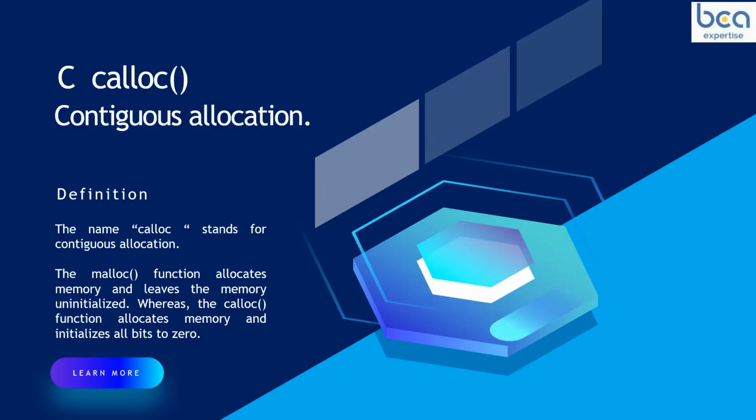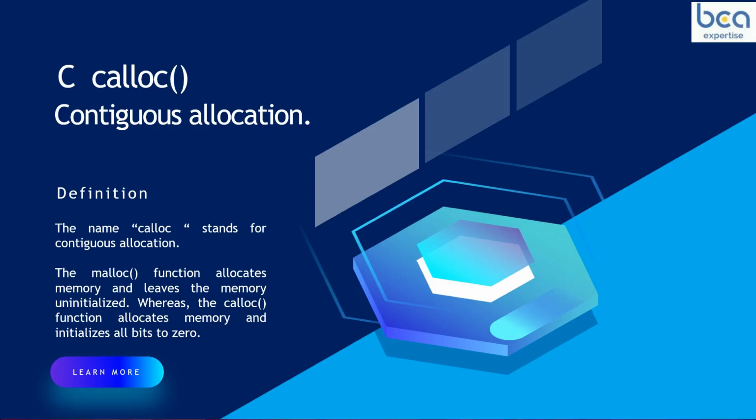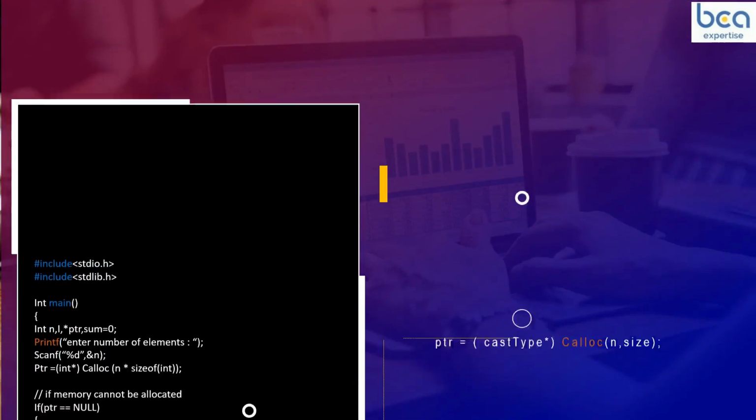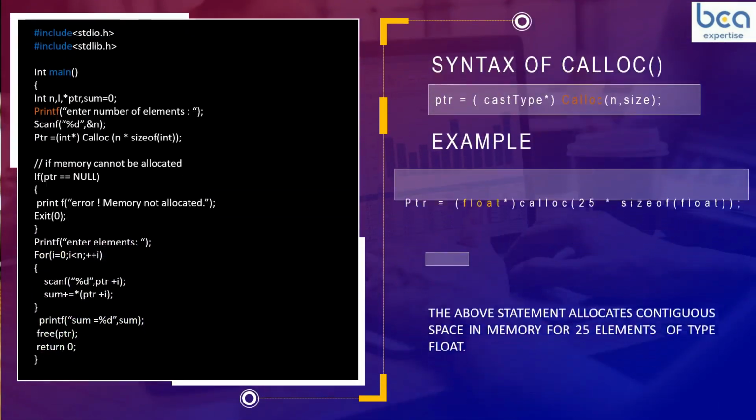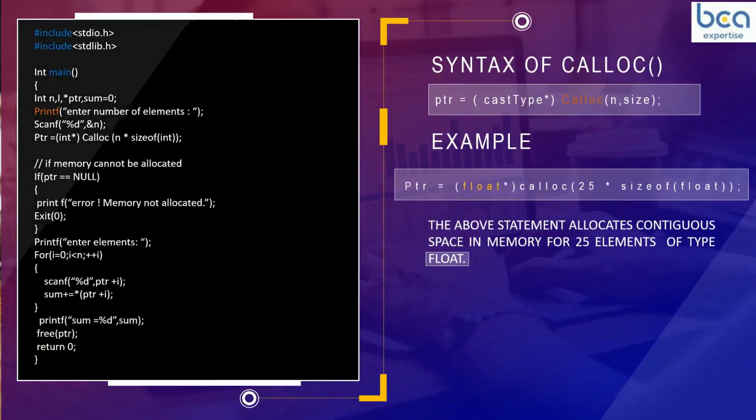Next we discuss calloc. Calloc is the contiguous allocation. The malloc function allocates the memory and leaves the memory uninitialized, whereas the calloc function allocates the memory and initializes it, all bits set to 0. The calloc syntax is ptr = (cast type *) calloc(n, size).